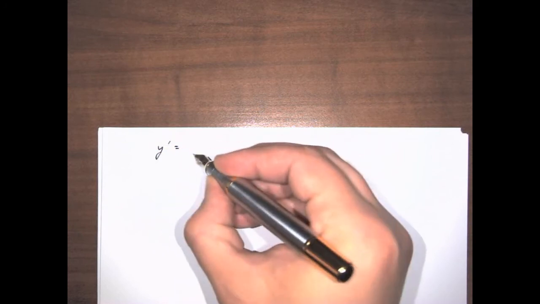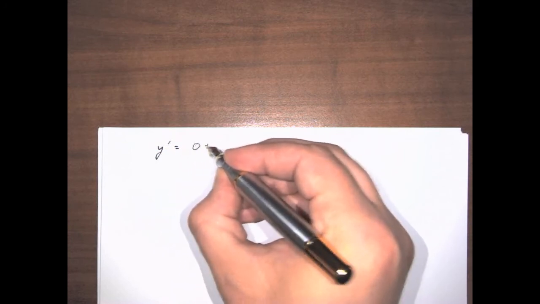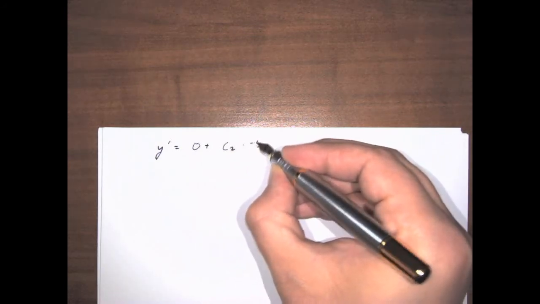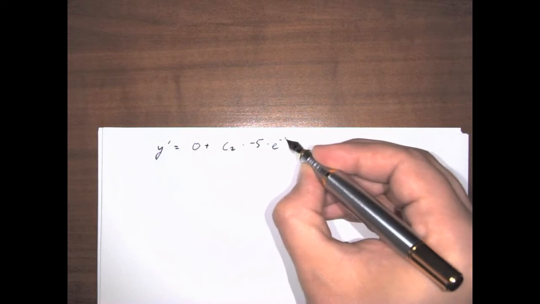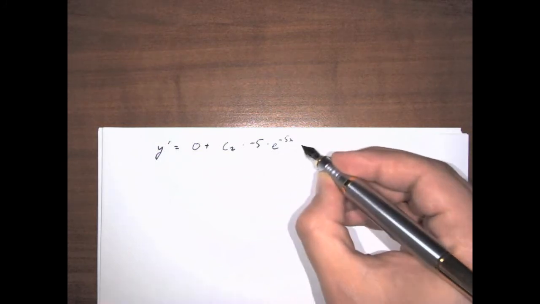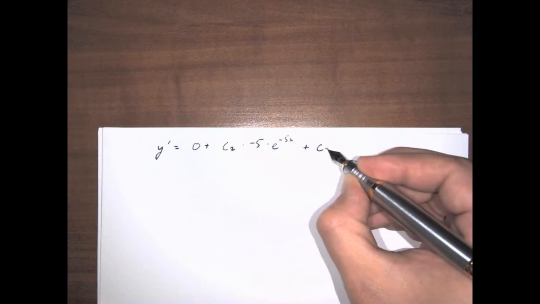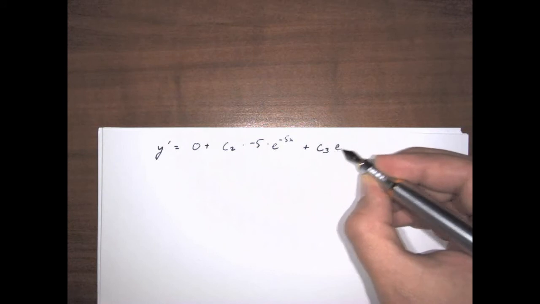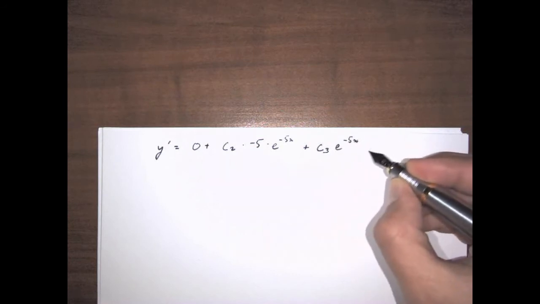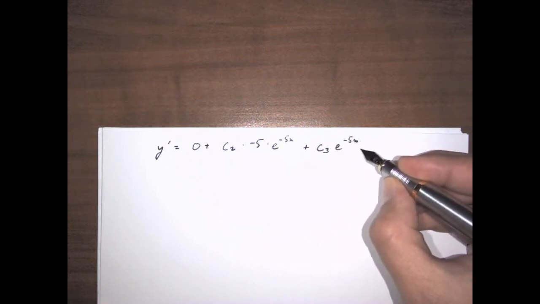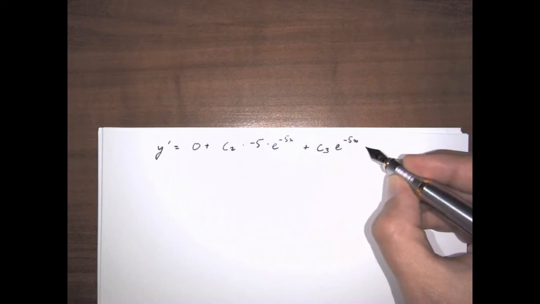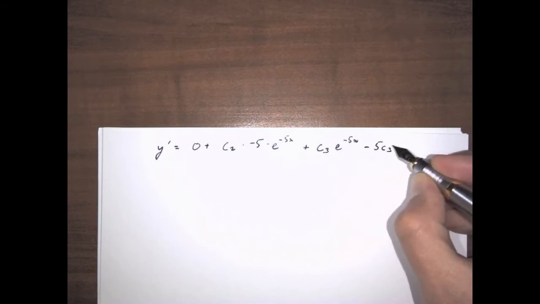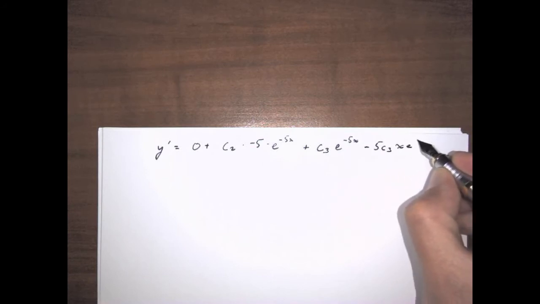So y prime is going to equal 0 plus c2 times negative 5 times e to the negative 5x, and then plus c3 times just e to the negative 5x, but then there will be another term, negative 5c3 x e to the negative 5x.